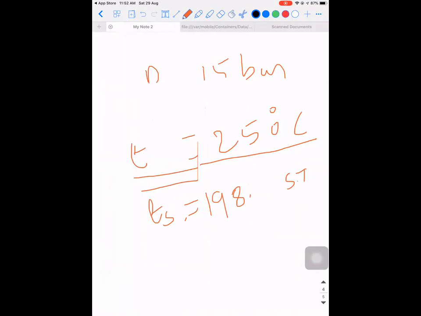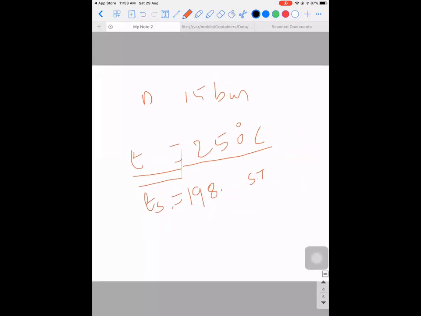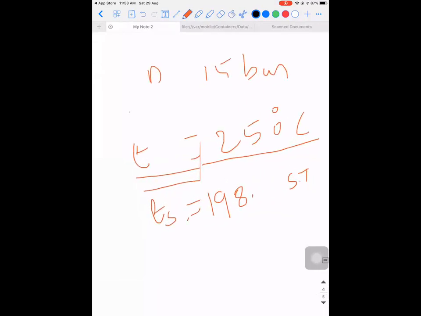Okay. I hope at least the screen is visible. Is it visible? Not visible, sir.